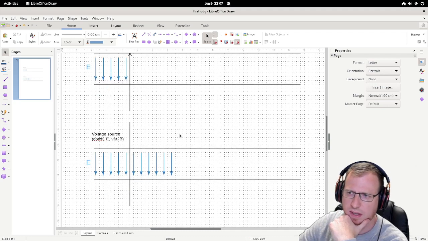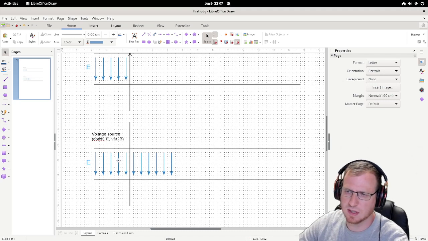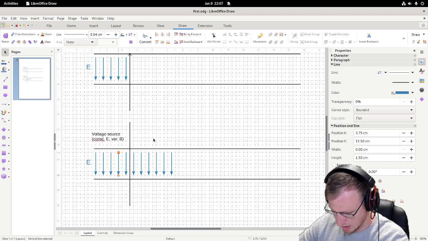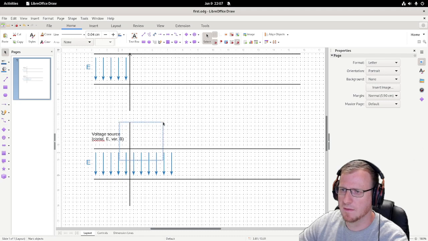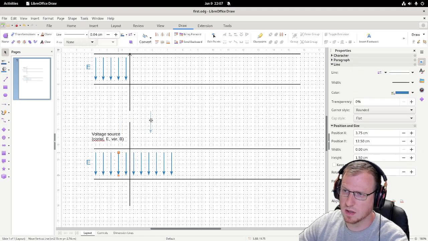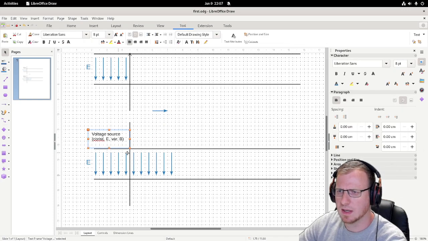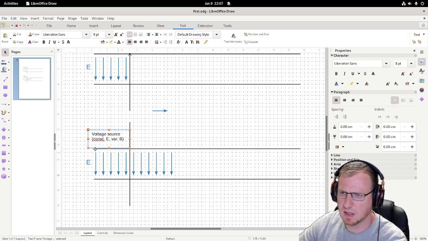But for this, it needs current. It needs current, and this current comes from the voltage source. So let's see, how can I make this?